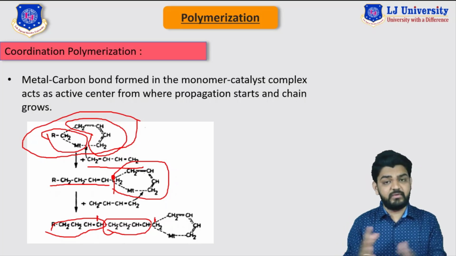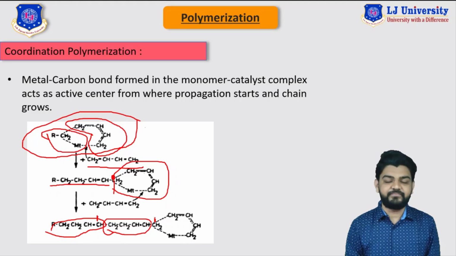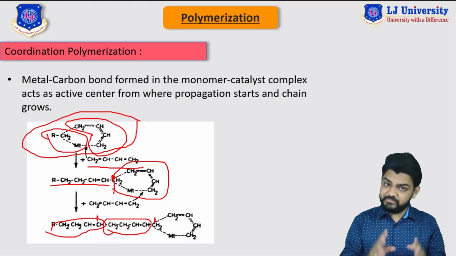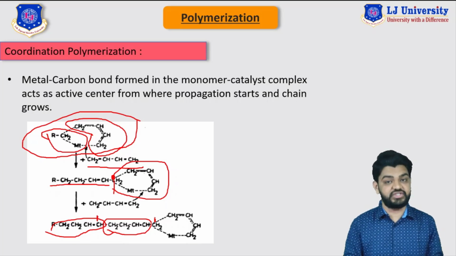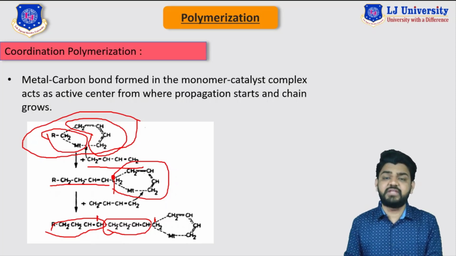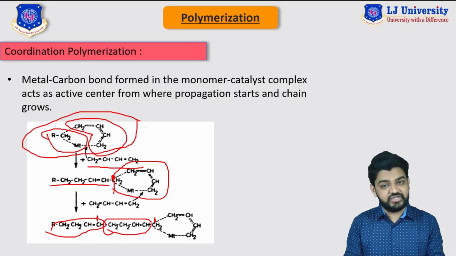So this is what we mean by the propagation step in coordination polymerization. But this coordination polymerization is more about the catalyst that we are using for the initiation step. The rest of the thing is very similar to free radical and ionic polymerization.